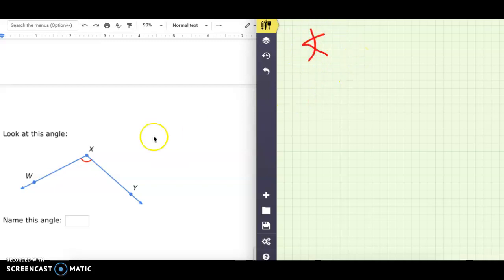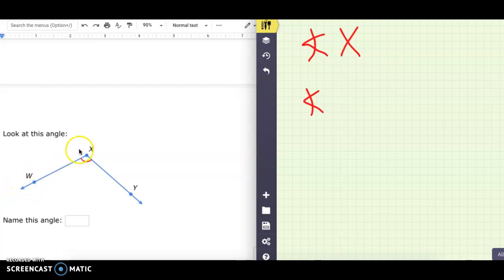And this angle right here can be just angle X, but if it's joined with other angles around it, we're not going to know which angle X because they're all going to have X at the point. So the better way to do it is to use 3 letters, and we have to put them in order.